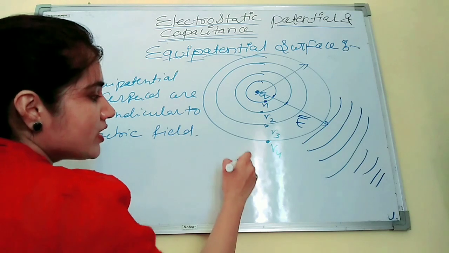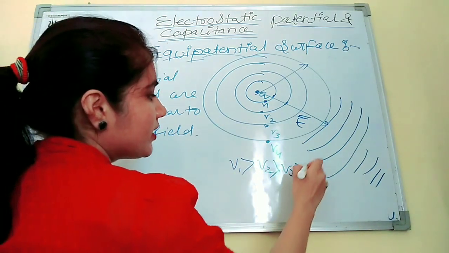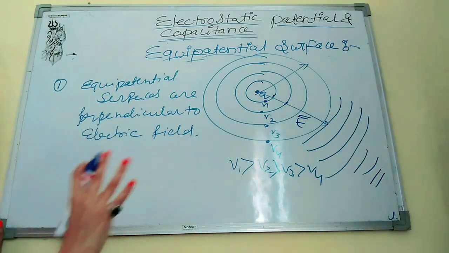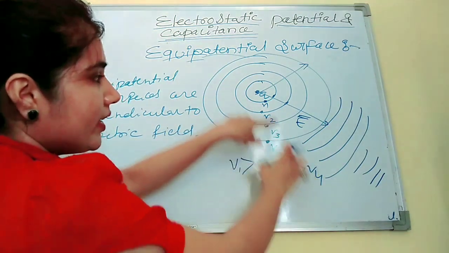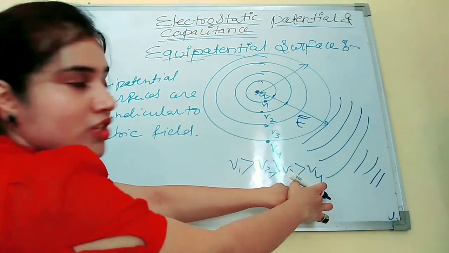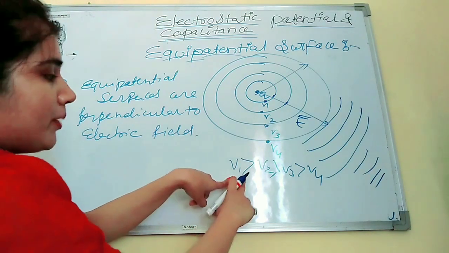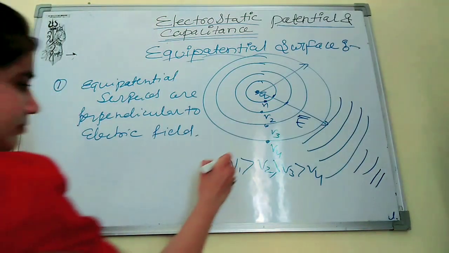So it will always be V1 greater than V2, greater than V3, greater than V4. The point which is very far from Q has the smallest potential, and the one very near has very high potential.